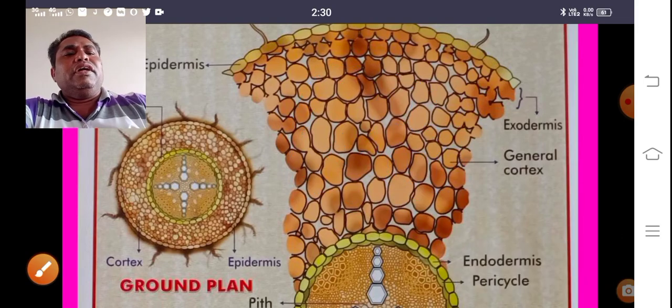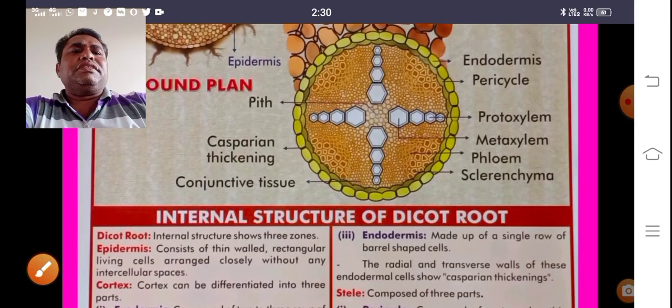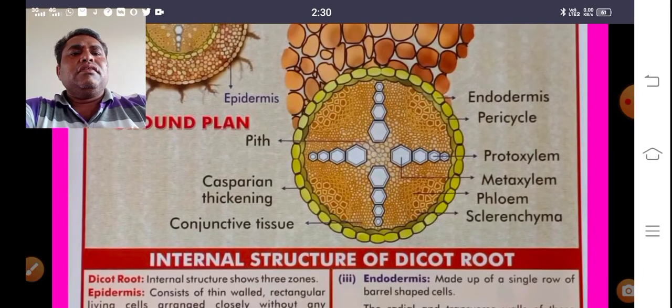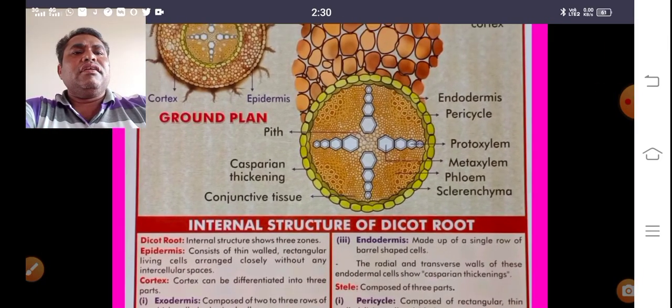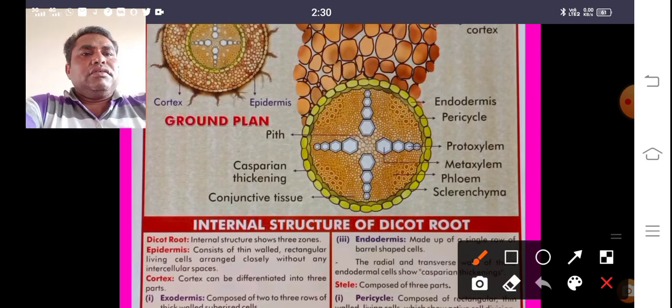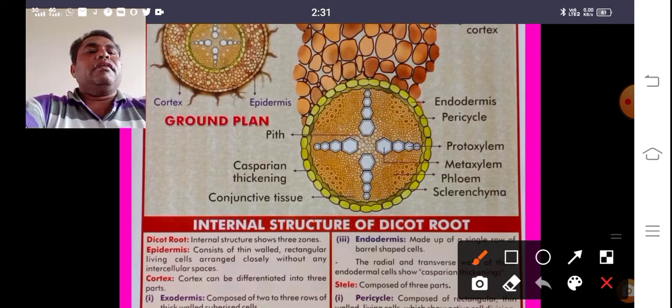Next, go to the endodermis. When you see it clearly, here is the given endodermis. The endodermis is the last part of the cortex, which is made up of uniseriate, multicellular, barrel shaped cells.